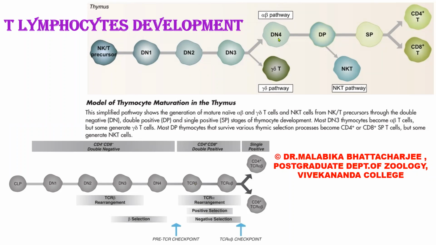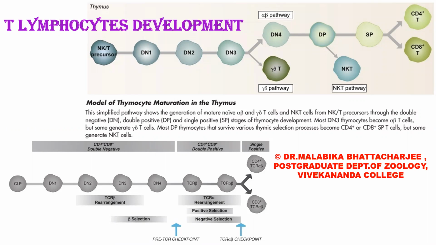So you remember, once the pathway has diverged, there is beta selection. The beta chain is selected and the pathway has diverged. Only then do we get the TCR alpha gene rearrangement, and after that we get the CD4 positive TCR alpha beta and CD8 positive TCR alpha beta cells.